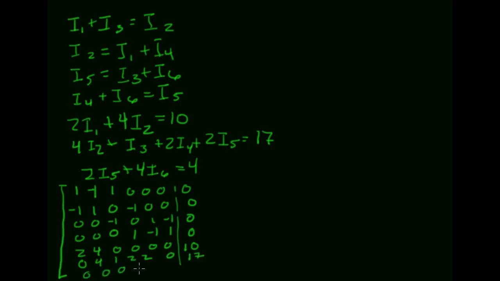And 0, 0, 0, 0, 2, 4 gets me that last 14 volts in path 3. If you Gauss-Jordan this, it comes out nice and neat.